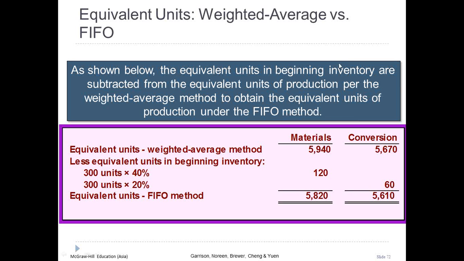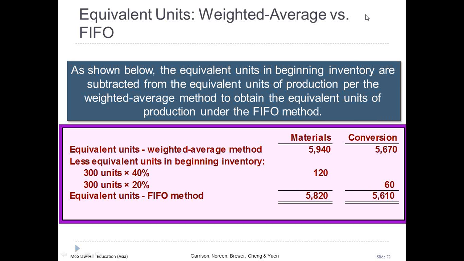The equivalent units of material produced per the weighted average method was 5,940 units minus the equivalent units of material in the beginning inventory, 120 units, equaling the equivalent units of production per the FIFO method, 5,820 units.